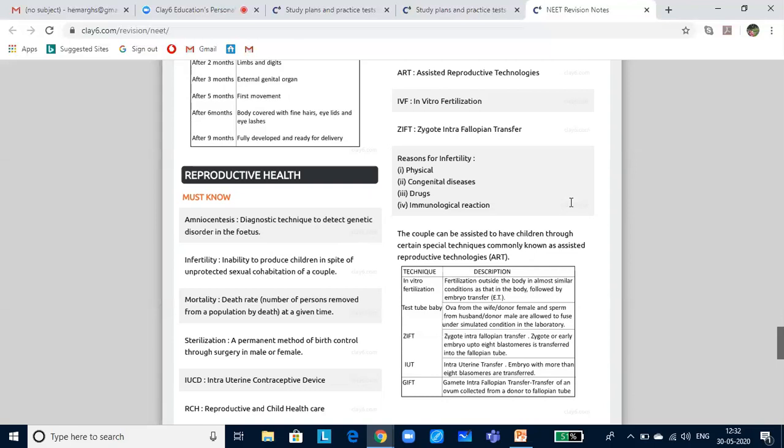Now, prevention. We have to see what are the different ways it can be prevented. Sexually transmitted diseases are also very high, especially among people of the lower economic strata and who have multiple sexual partners. Those which are transmitted through sexual contact, we call STDs or venereal diseases or reproductive tract infections.